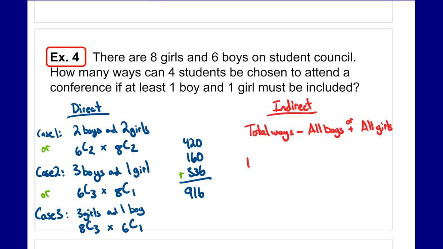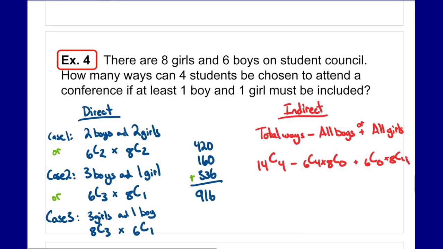So total ways, we have 14 students choosing 4 of them, minus all boys, which would be 6 choose 4 times 8 choose 0. 4 boys, 0 girls. Plus all girls, 6 choose 0 times 8 choose 4.